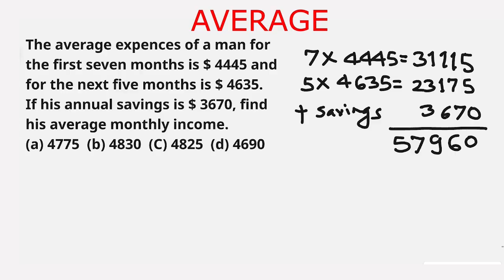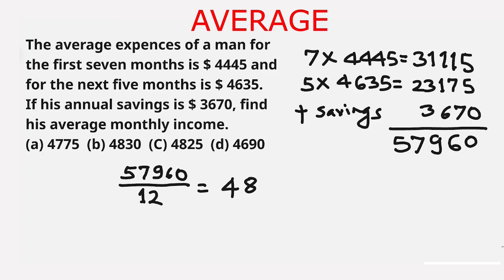Now we have to find the average income. So we divide this by 12. 57,960 divided by 12. 12 divides 57 for 4 times. 12 times 4 is 48. 57 minus 48 is 9. We carry 9, it becomes 99. 12 times 8 is 96. 99 minus 96 is 3.